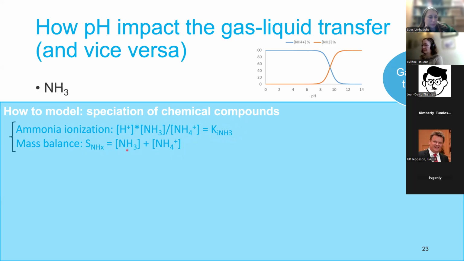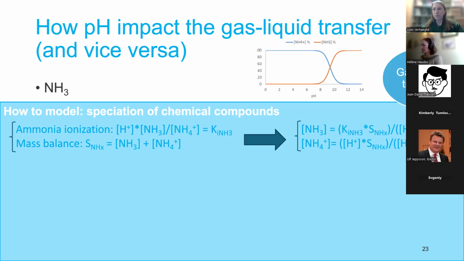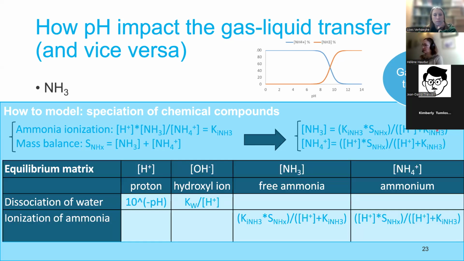From this system of two equations and two unknowns, we can extract the concentration of the two species, which depends only on the total ammonia compounds, the pH, and the acidity constant, the thermodynamic constant. And we can keep those expressions in some tables to solve them.